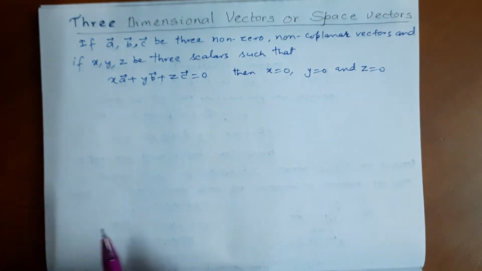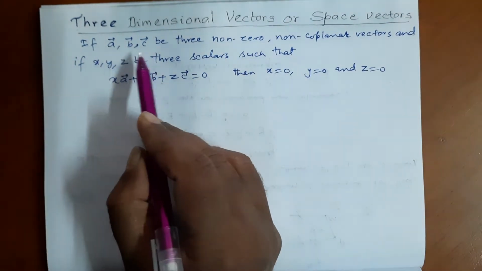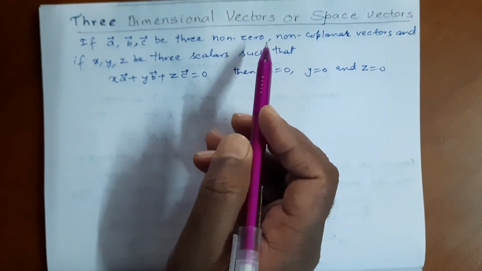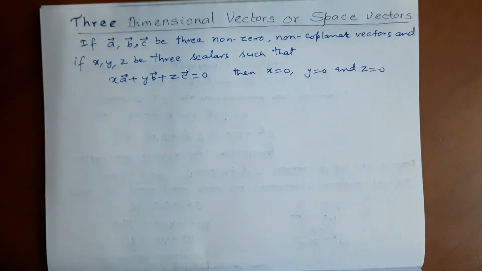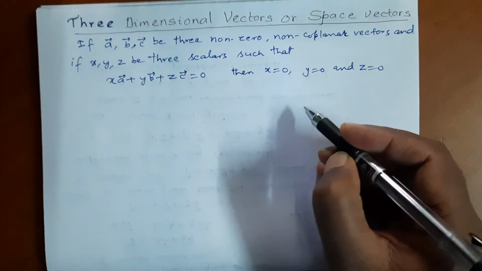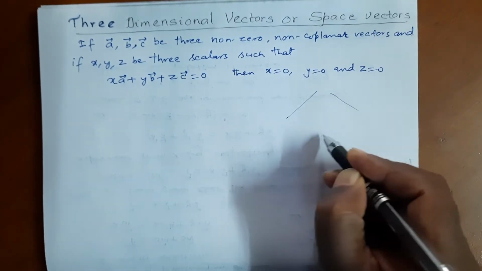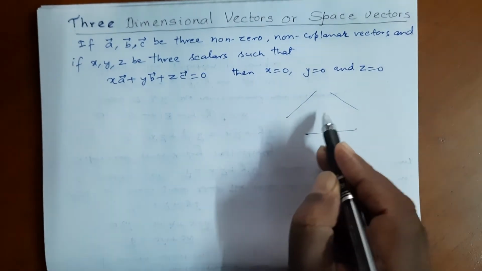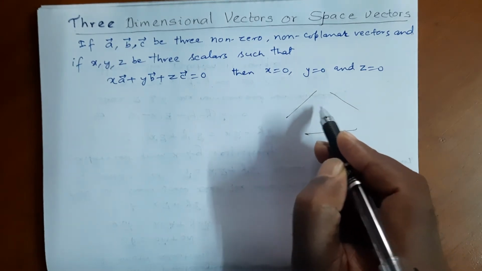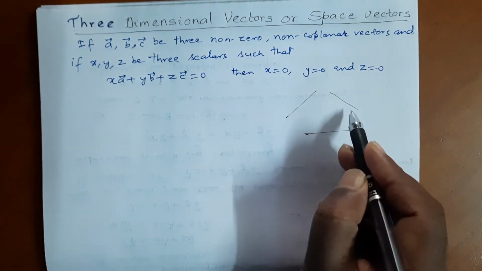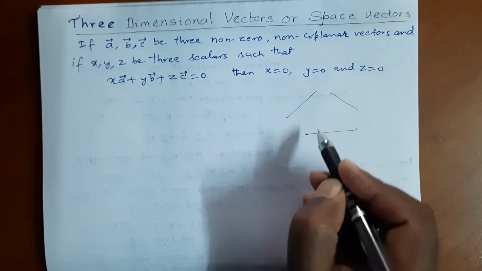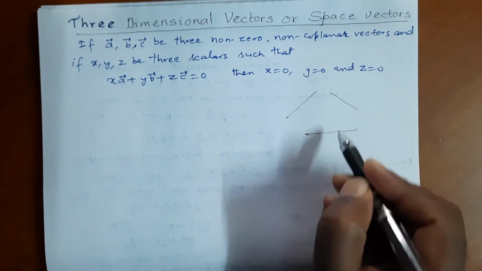If A, B, C are coplanar vectors, if they are in a plane, then they can be arranged by multiplying by some suitable scalars to make a triangle.